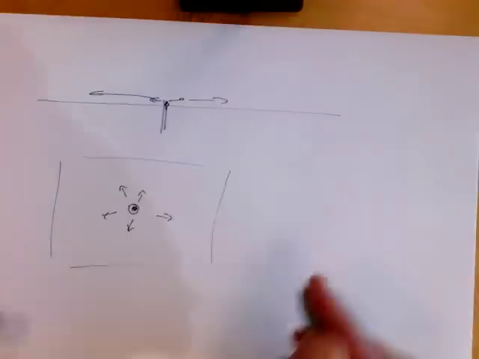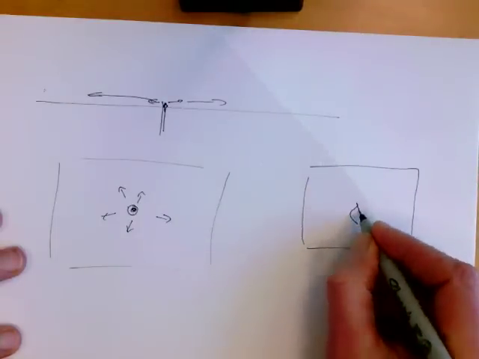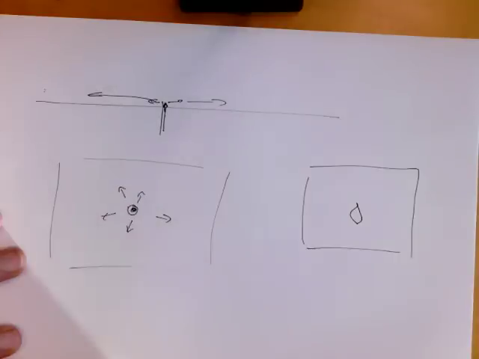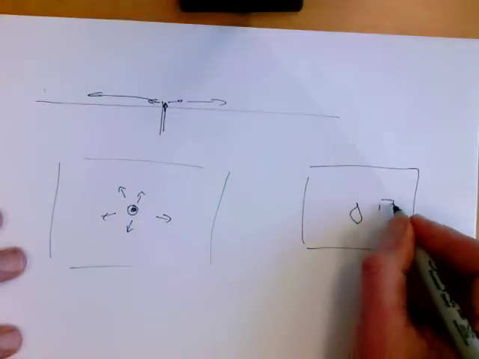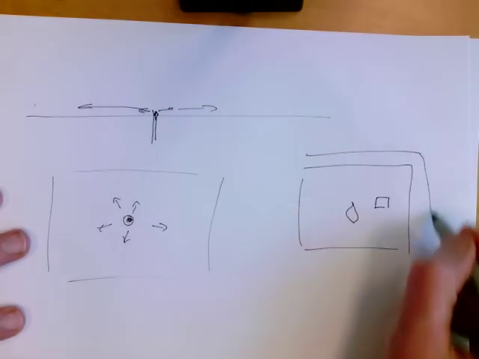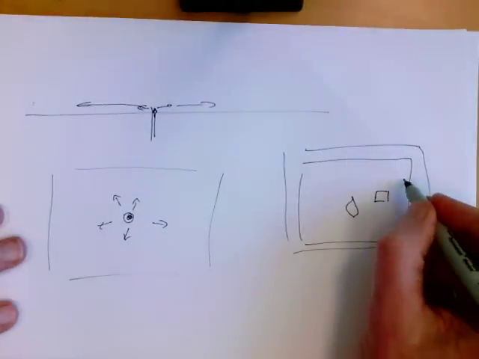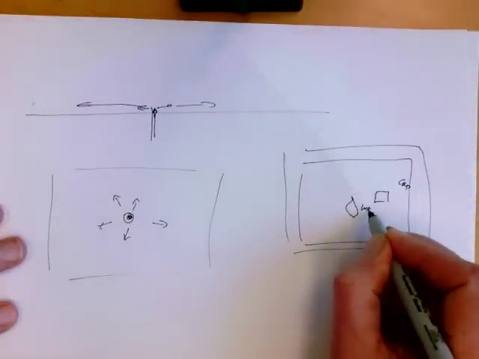Now, probably a better example would be to think about having a room, and I've got a fire in the middle of the room. If I think about heat energy, let's say the room has reached equilibrium, so each point in the room is at whatever its temperature is. Maybe it's colder here and warmer here by the fire.